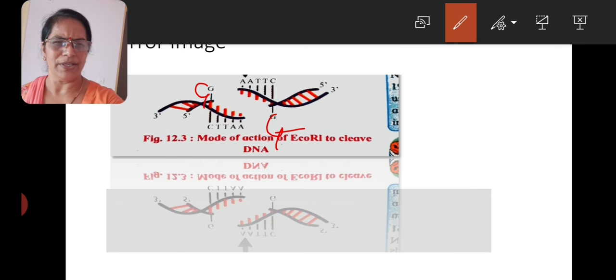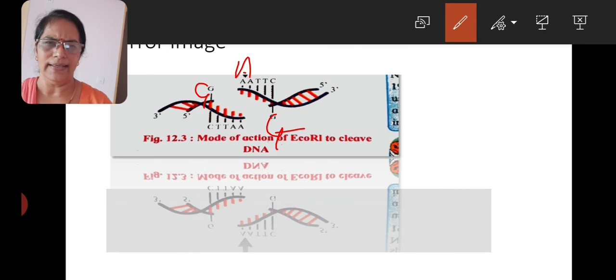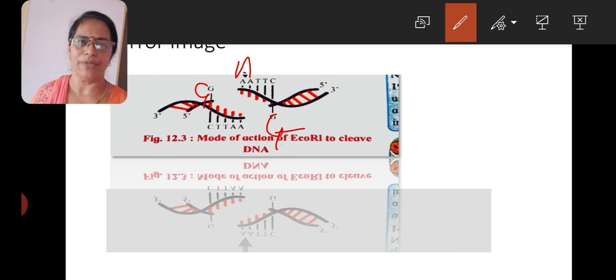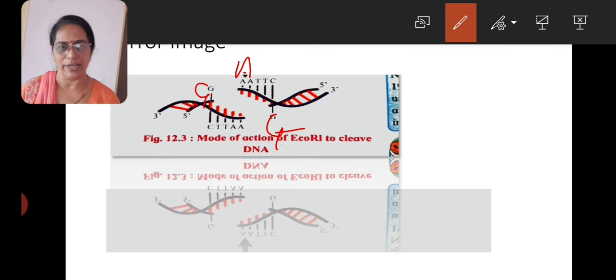So it is a mirror image. Then here the A, T, C. So these are mirror images. The first half of the first strand is the mirror image of the first half of the second strand. So these are the characteristics of the palindrome or the recognition sequence.